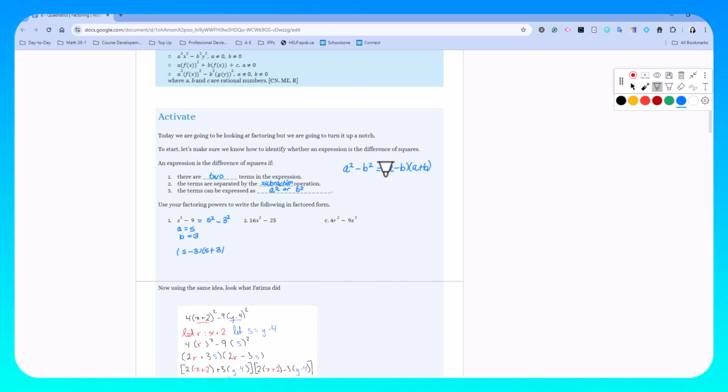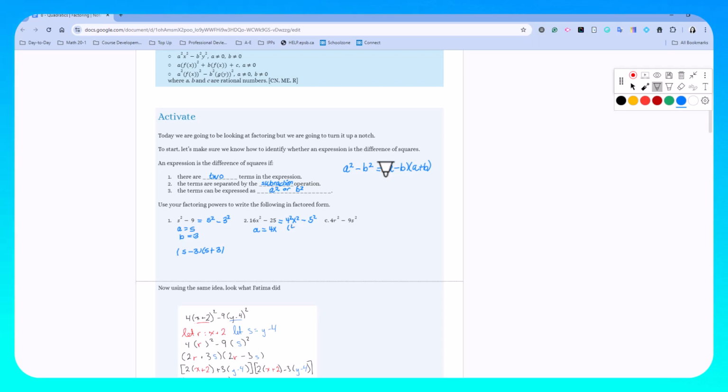That wasn't too bad. Let's move on to the next one, where we have 16x squared minus 25. A in this case is going to be 4x. The reason is that 16 is 4 squared, so we have 4 squared x squared, and 25 is 5 squared.